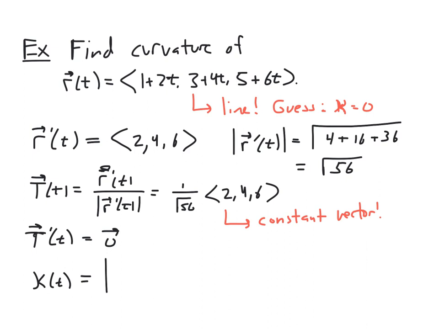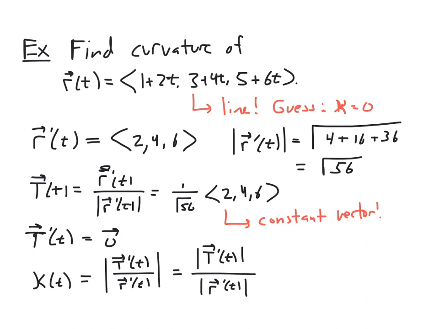By the formula we just came up with, this is the magnitude of T prime of t divided by the magnitude of r prime of t.